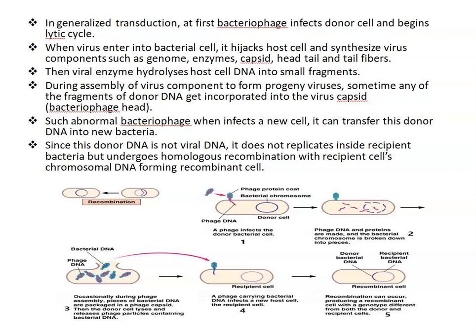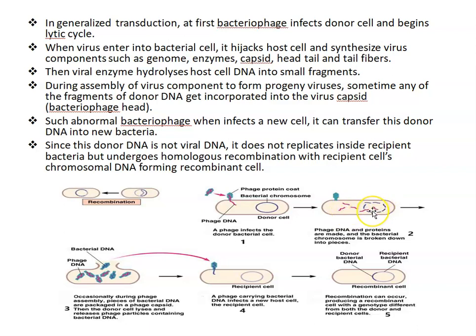Here in generalized transduction, first bacteriophages infect the donor cell. When the virus enters the bacterial cell, it takes over the host cell and synthesizes virus components such as viral genome, viral enzymes, capsid, head, tail, etc. These viral enzymes hydrolyze the host cell DNA into small fragments.